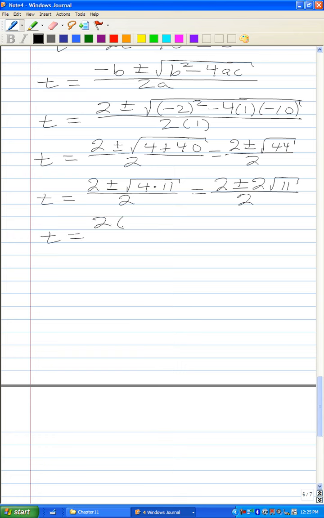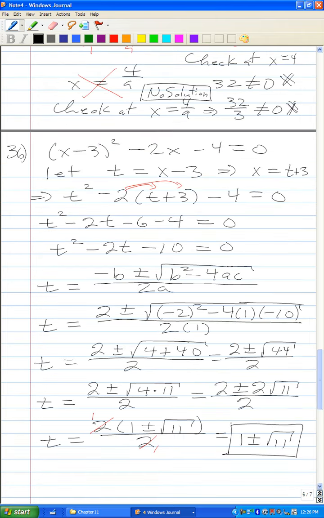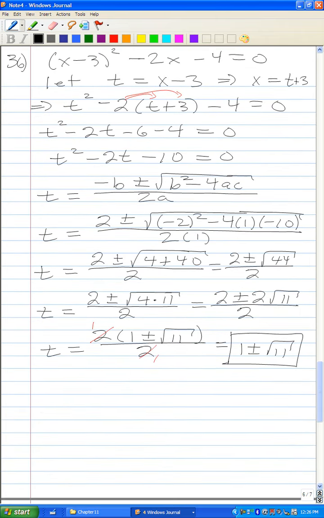So what remains after I factor out the 2 is 1 plus or minus radical 11 over 2. Now the 2's cancel. And so I get that this is equal to 1 plus or minus radical 11. And that is your answer. And so I've solved the above equation.